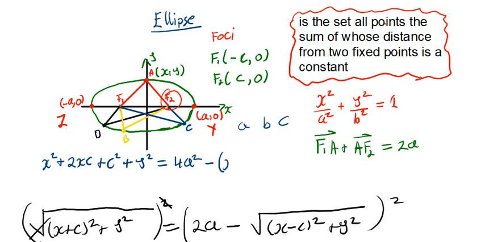That's going to be x squared minus 2xc plus c squared plus y squared, like that. Then the other part is going to have minus 4a, the square root of everything that you have there, which is your x minus c squared plus y squared.